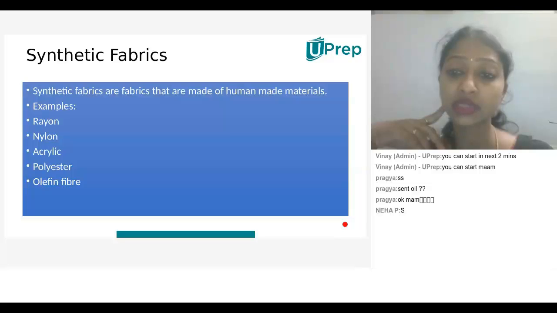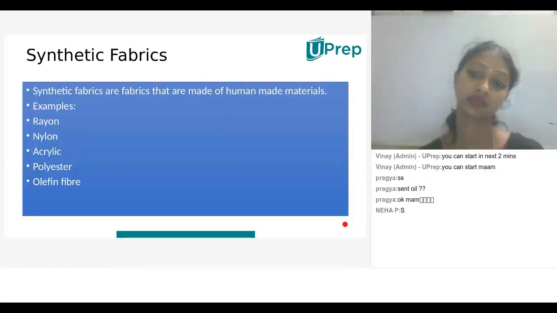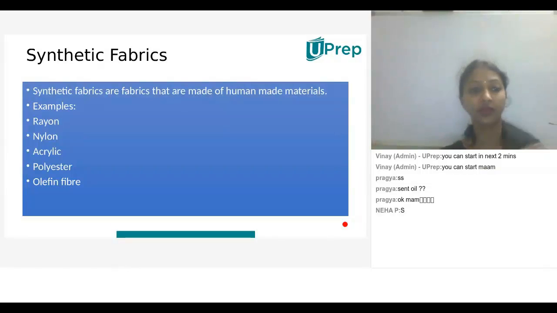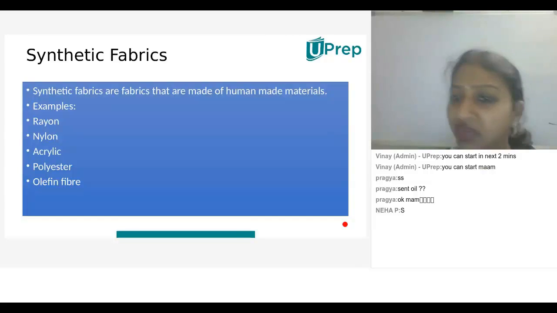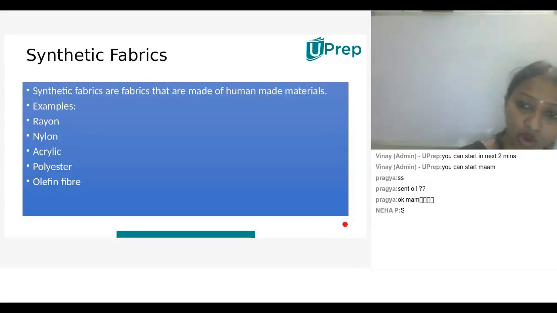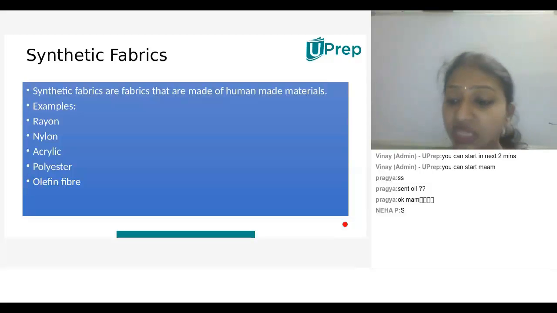When we burn the synthetic fibers, there is some reaction with the chemicals. When it burns, it immediately catches fire compared with cotton or other natural fibers. So when synthetic fibers burn, it feels like burning plastic.